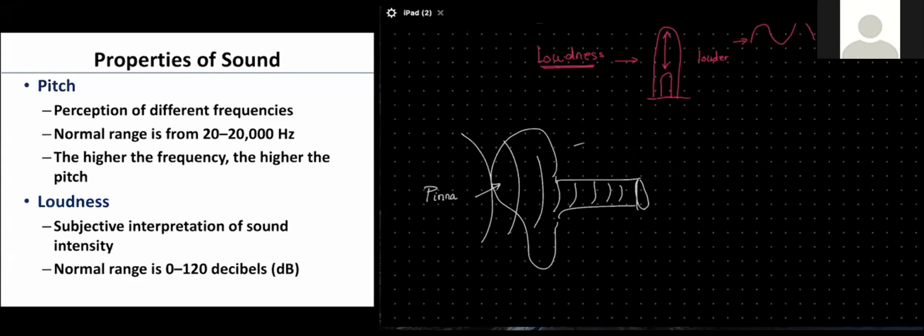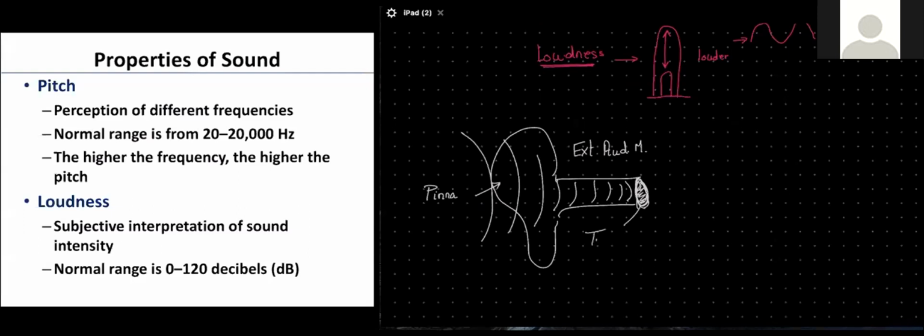We call this the external auditory meatus or tube. Those sound waves that will be collected will be reaching the tympanic membrane, or the eardrum.